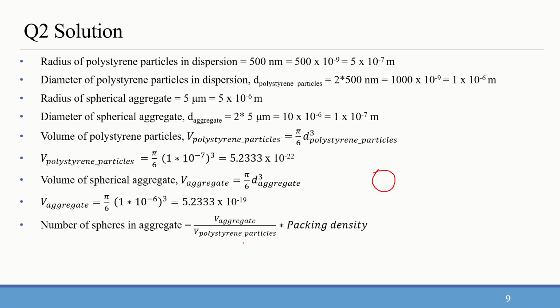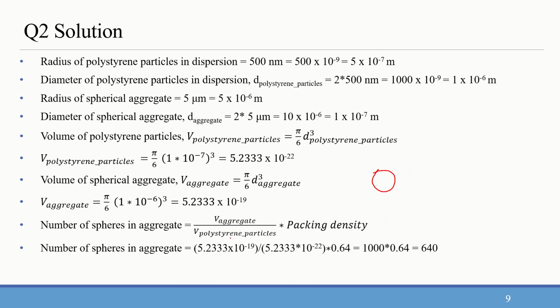The volume of aggregate is 5.233 into 10 power minus 19 divided by 5.233 into 10 power minus 22 into 0.64. This gives us 1000, and 1000 into 0.64 is 640. So the number of spheres in the aggregate is 640.